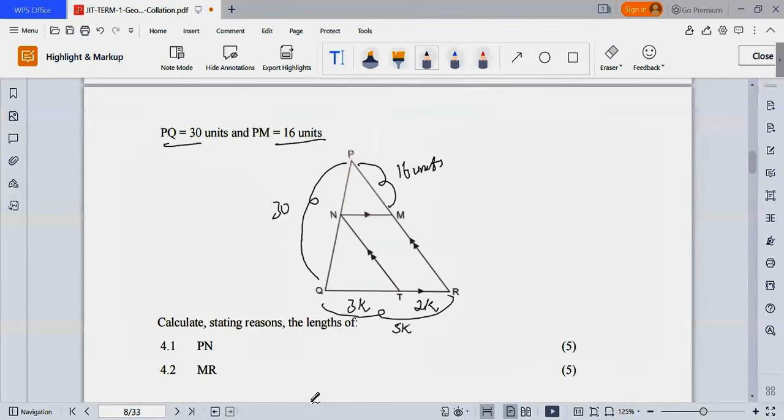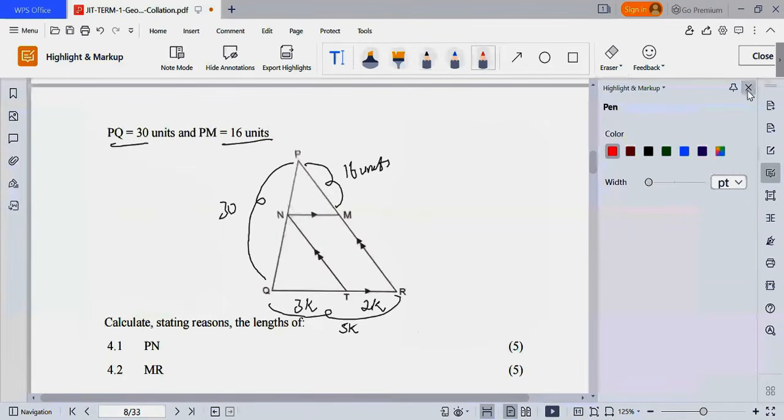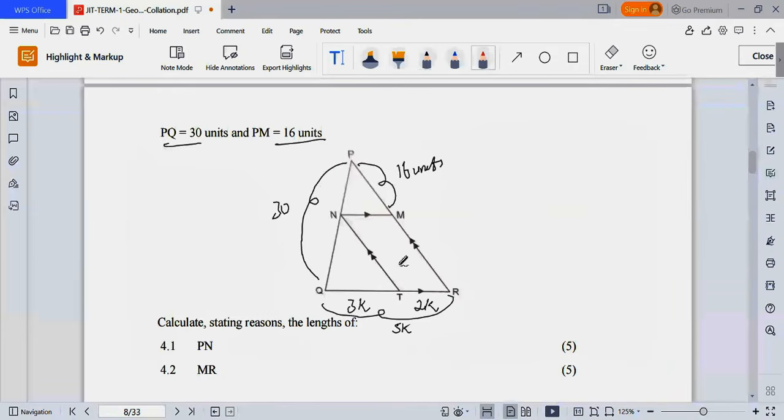So to calculate PN, we can simply use this set of triangle here, parallel lines, to say, okay, if we are taking all this as the parallel line, we know that the ratio of all of PQ is equivalent to the ratio of all of RQ.